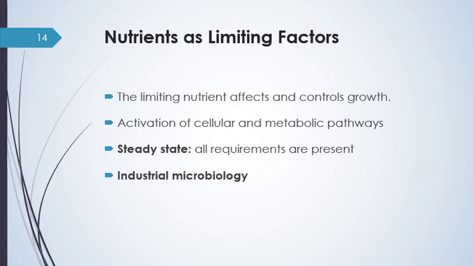When all nutrients and parameters are ideal and constant during the growth phase, that is regarded as the steady state, in which all requirements are present and microorganisms are surviving. In circumstances where there are less than ideal parameters, such as the lack of specific environment requirements, the growth process is affected.